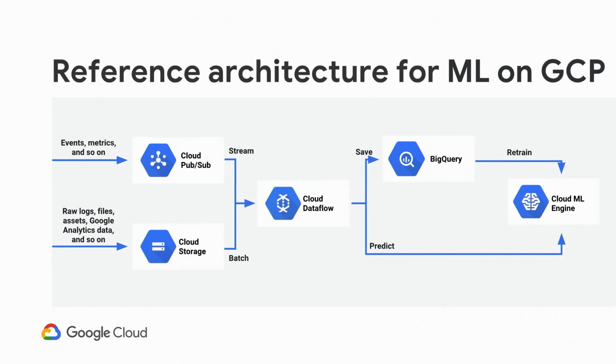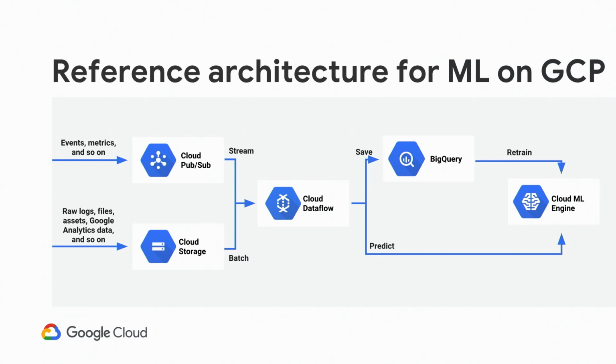Okay. Similarly, for machine learning on GCP, again, the architecture is that you have data. Let's look at the bottom line. You have archived data, let's say, stored in cloud storage, and you can process it with Cloud Dataflow or Cloud Dataproc, and then save it into BigQuery and use that to train your machine learning models. And the idea is that, as Gaurav said, you basically want to end up with a microservice. And one way that you could do that is you could get real-time data as it streams into PubSub.